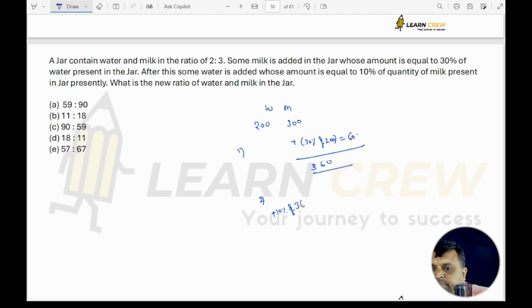So second step, 10% of 360, which is 36. 200 plus 36, how much? 236. So finally you have 236 water and 360 milk. So thereby what is the ratio here? 4 59s are 236, 4 90s are 360. 59 is to 90.